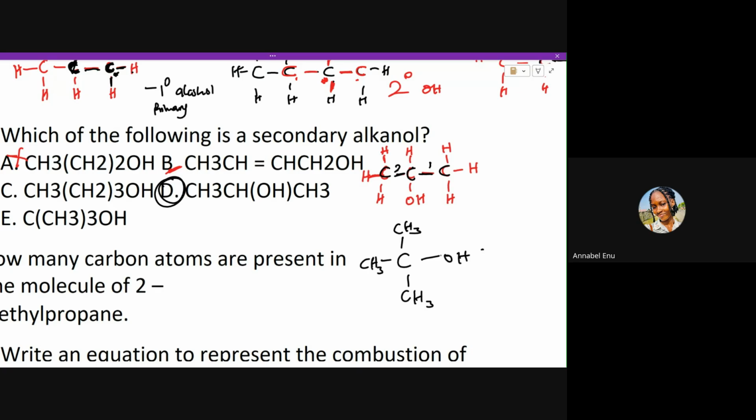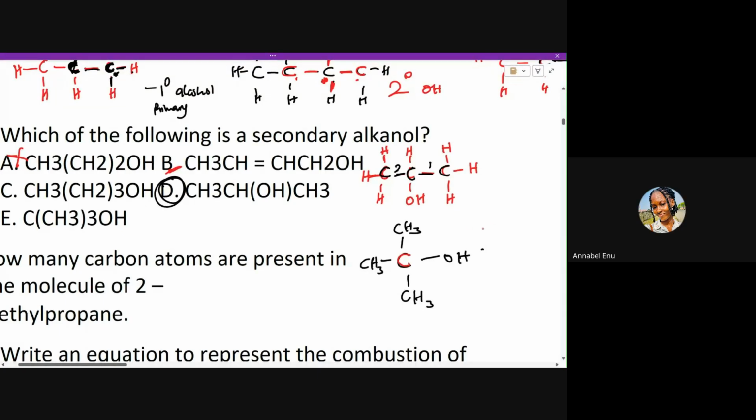Yes, Winner. Christine, Efosa, Melody. It's attached to one carbon bond. Are you sure, Christine? Look at the carbon carrying the OH group. Top one.